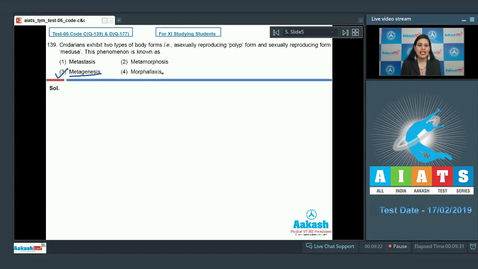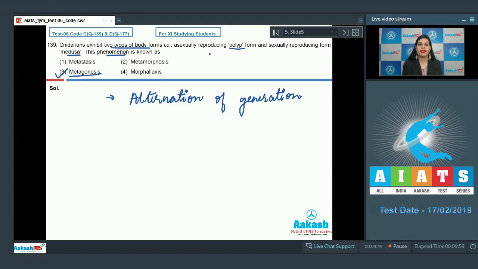Because cnidarians which exhibit these two types of body forms, that is polyp and medusa, exhibit alternation of generation. And this phenomenon of exhibiting these two types of body forms is known as metagenesis. So the correct answer is metagenesis.